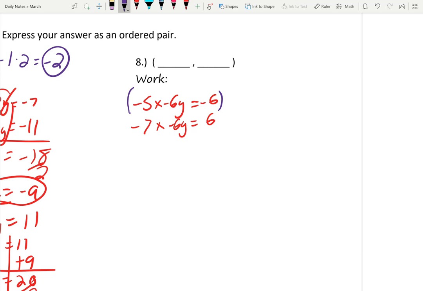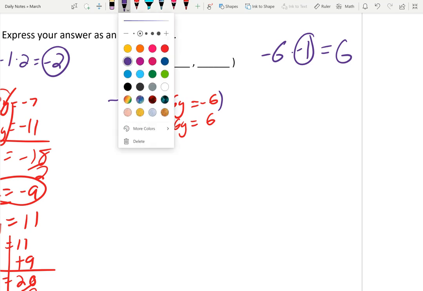In order to make a negative 6 turn into a positive 6, it has to be multiplied by negative 1. So I'm going to multiply that equation by negative 1, exactly the same thing we did in number 7, and that will convert the negative 6y into a positive 6y, which can then cancel out with the negative 6y in the equation below it. So let me do that, and let's write our new system out.